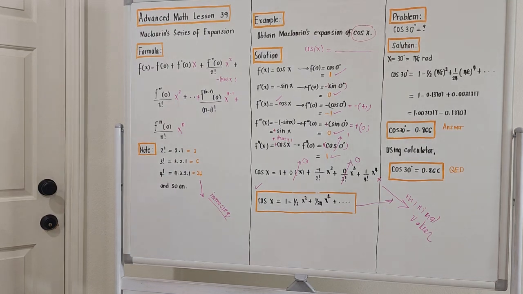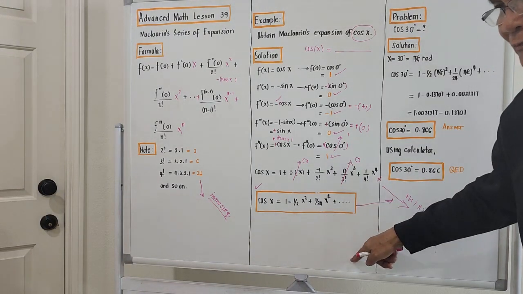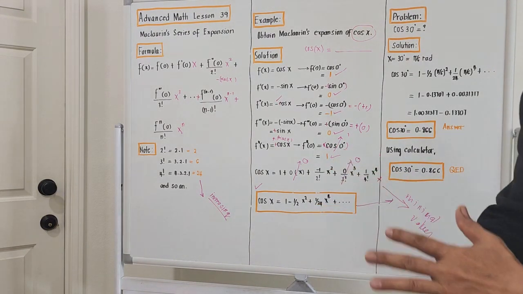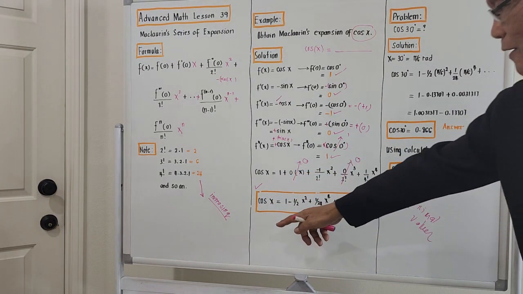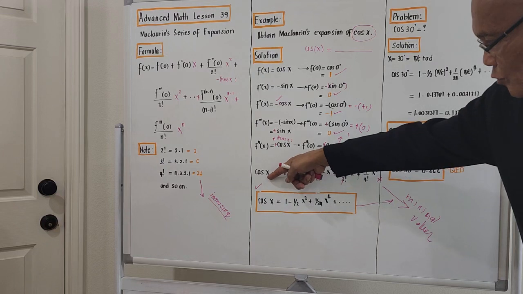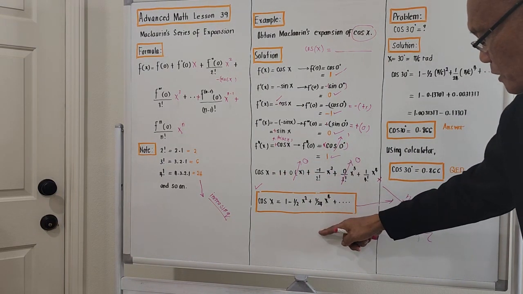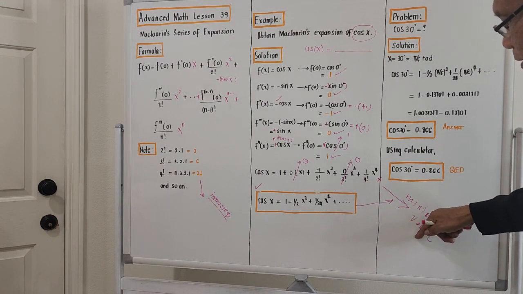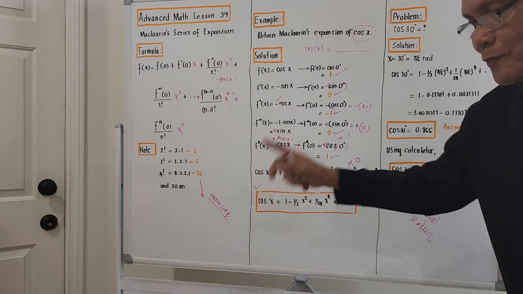We might be gone from this world, but this formula will not change. So memorize this by heart. It will give you the approximate value of the cosine of that angle.